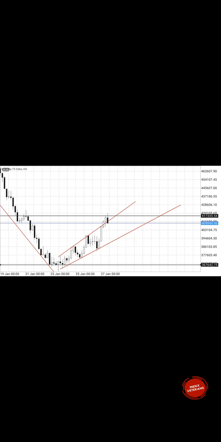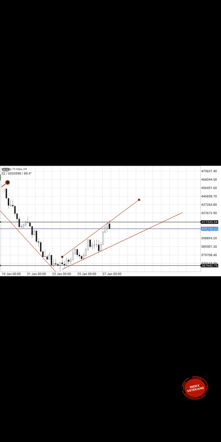I just want to go to the higher time frame. You can analyze on a 4-hour chart, as I told you, to make sure that we have a correct move here. It begins from here, the first higher high.